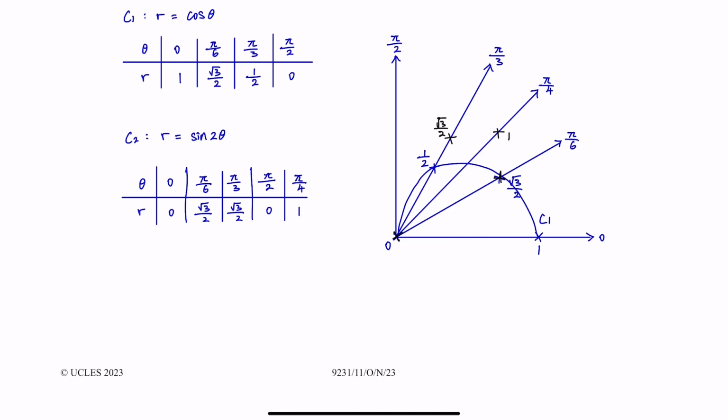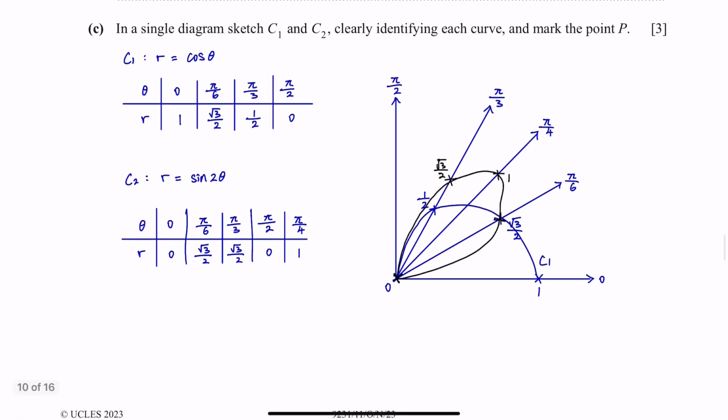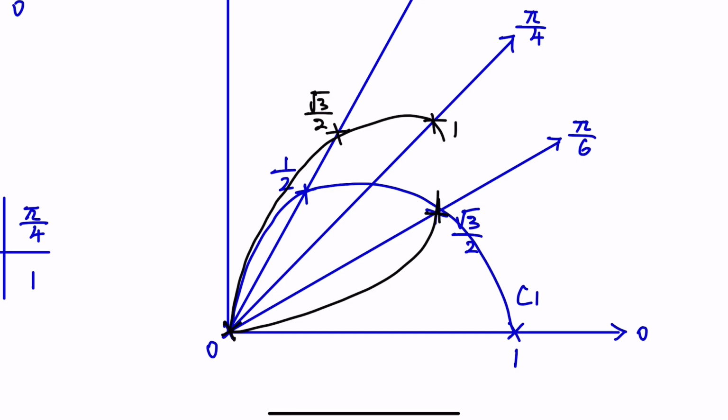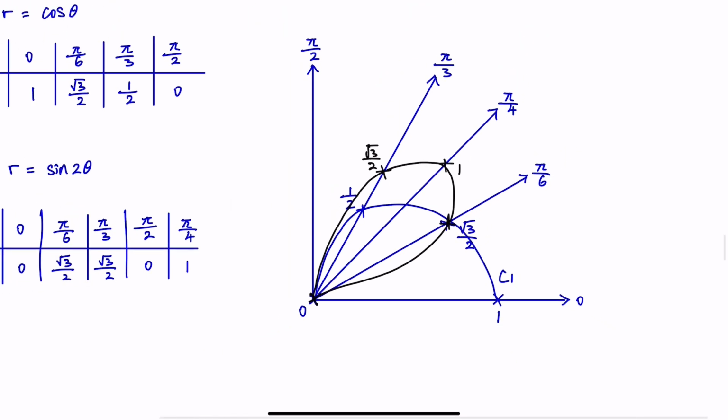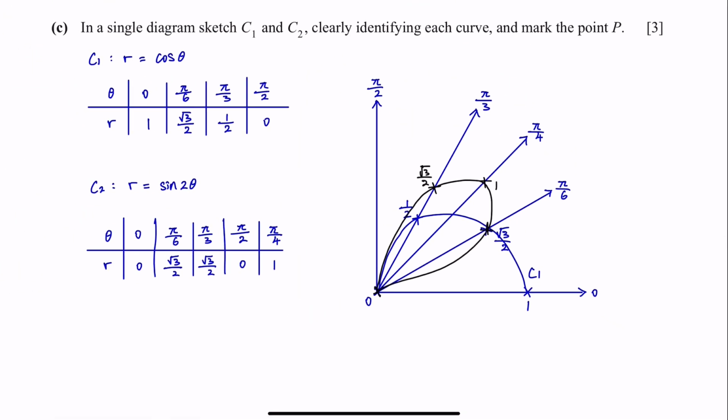So it's shaped like a flower petal kind of thing. It's roughly this shape. So this is C2.